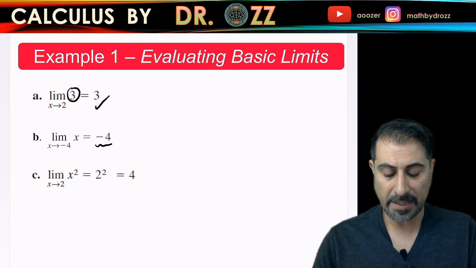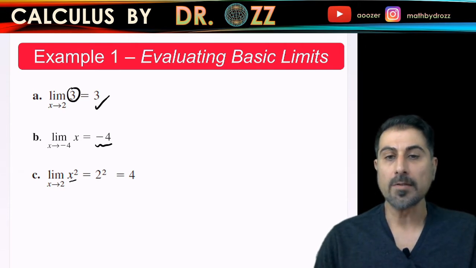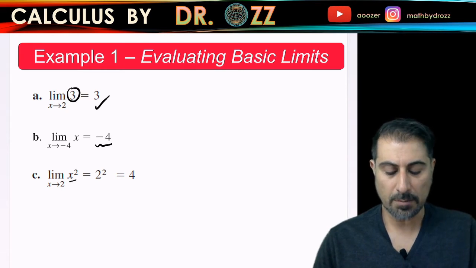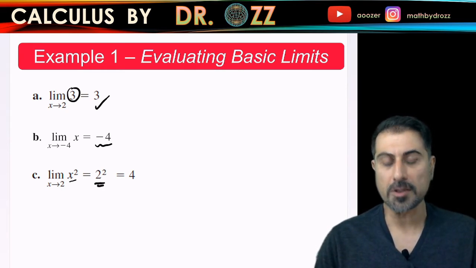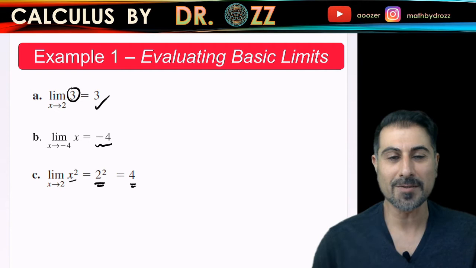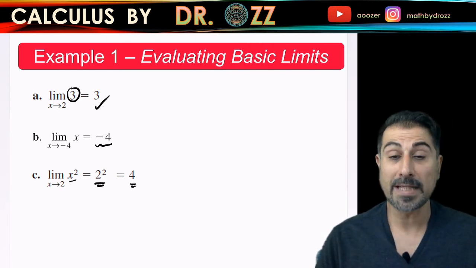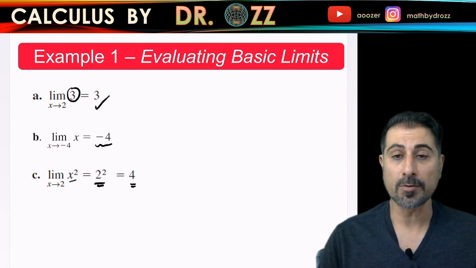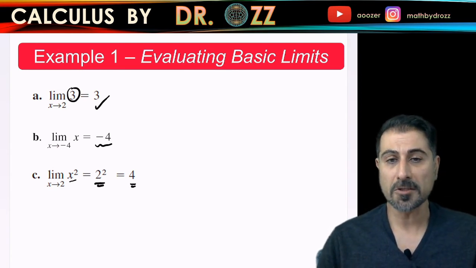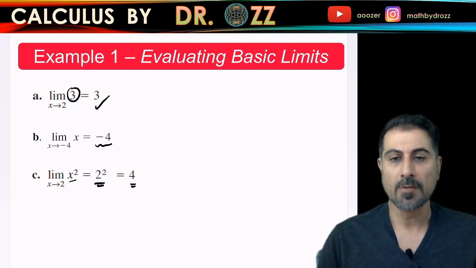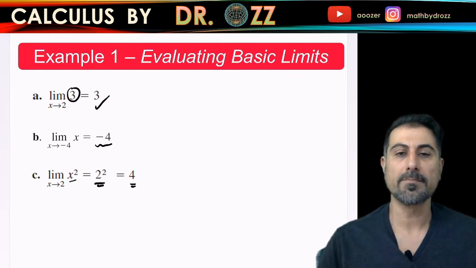And finally, we have x squared as x approaches 2. By direct substitution, the limit value is 2 squared, which is exactly equal to 4. As you see, I didn't use any numerical calculation, table of sample values, or graphs of these functions, but just direct substitution, which is essentially using some algebra.